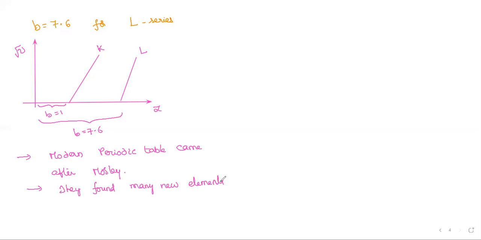The best example is helium. They found helium after arranging the elements in the modern periodic table based on atomic number.